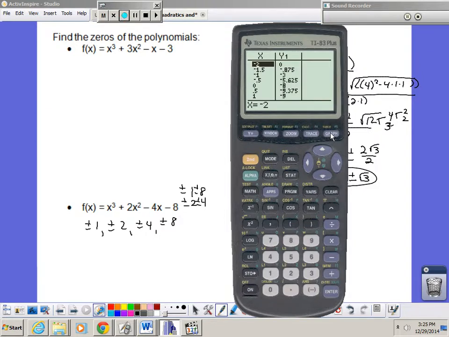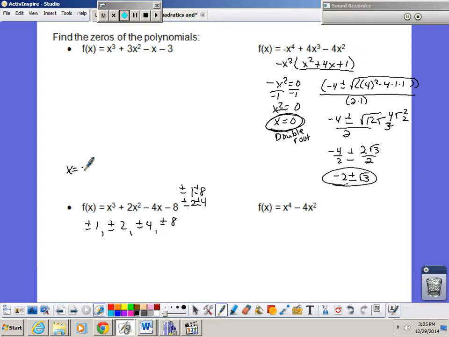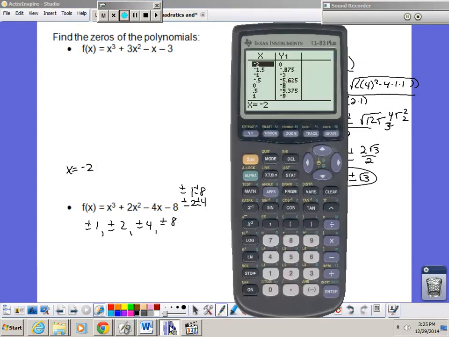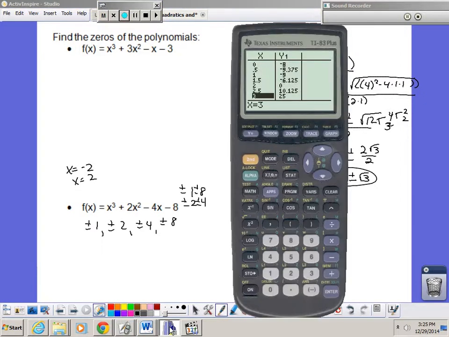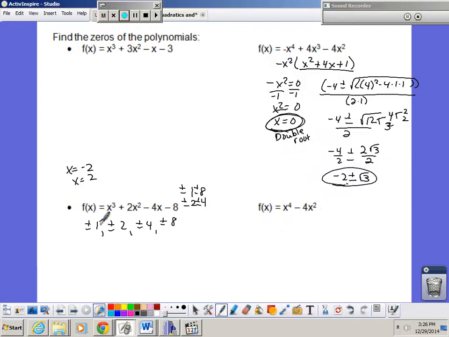So we got a negative 2. X equals negative 2 is 1. X equals 2 is 1. And negative 1. Neither of those work. We already got those.